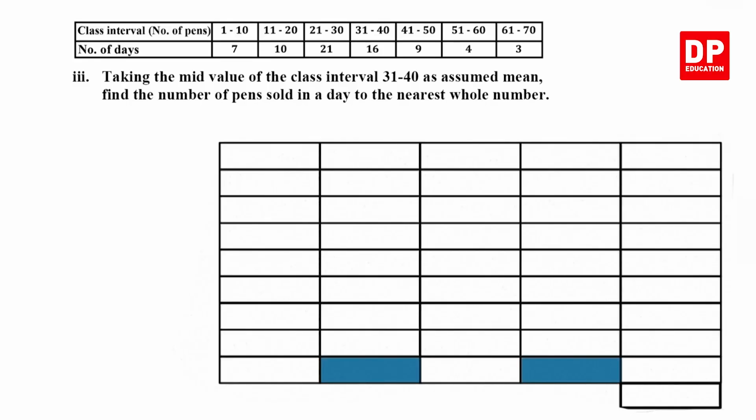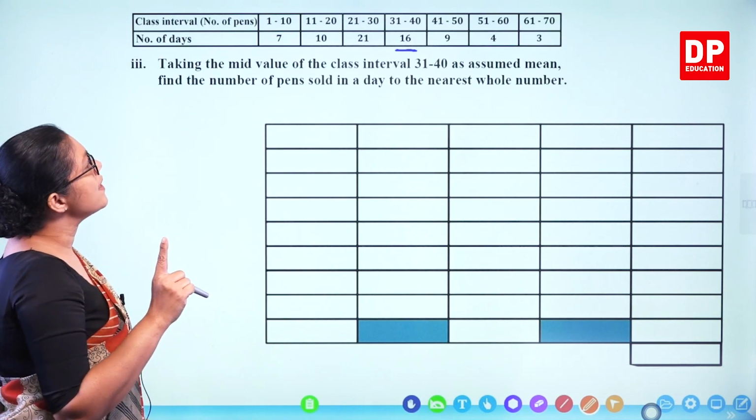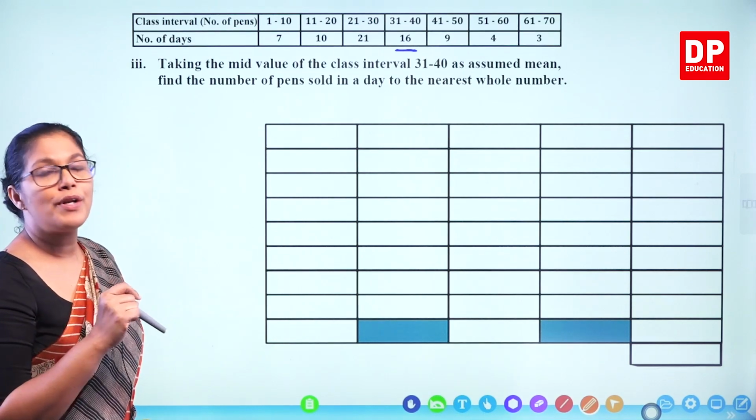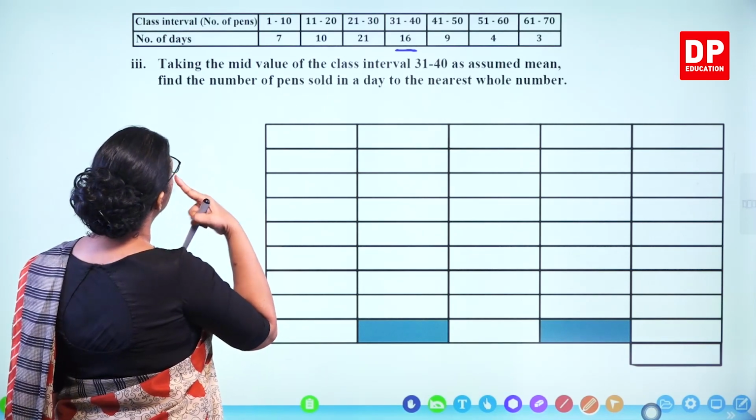Taking the mid value of the class interval 31 to 40 as the assumed mean, find the number of pens sold in a day to the nearest whole number. So we'll use the assumed mean to calculate the mean.